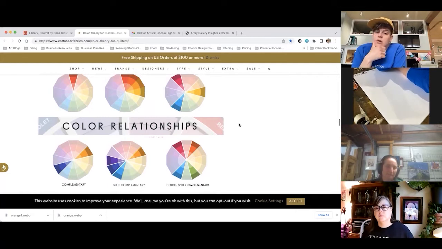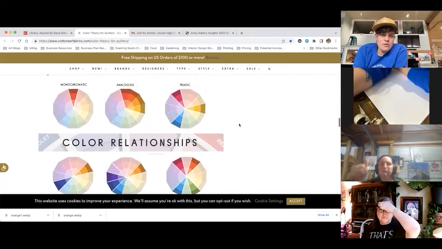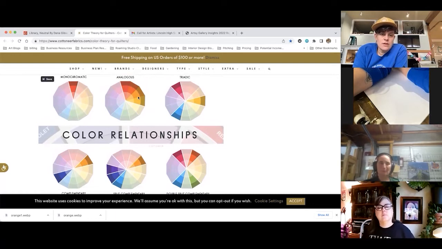And then we're going to do an analogous color scheme, which is this one: colors that are next to each other, colors that your brain says, hey, that makes sense together. I think they probably do it in fours. I tend to be like red, orange, yellow, or dark purple, blue, green, that kind of thing.